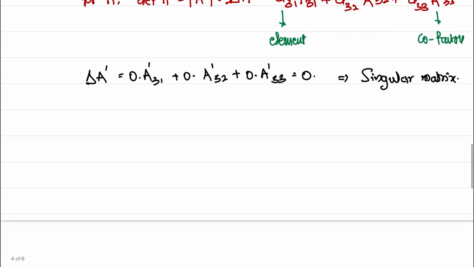That means the rank of the matrix is equal to 2. This is the rank of the matrix A dash.